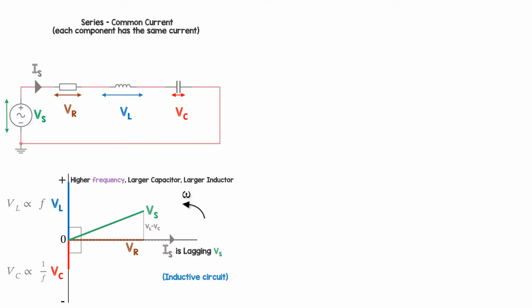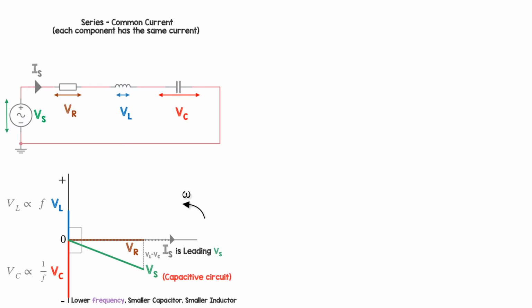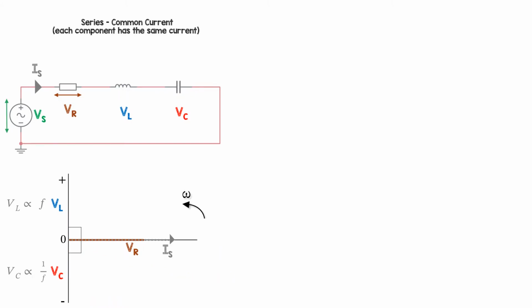This is an inductive circuit at this frequency because the supply current is lagging Vs. If we're at a lower frequency, say, and we have a larger capacitor voltage than the inductor voltage, then the supply current is clearly leading the supply voltage because these spin anti-clockwise. This is a capacitive circuit at this frequency.